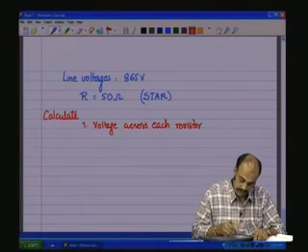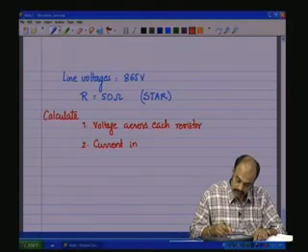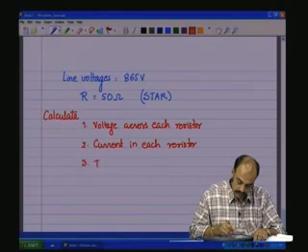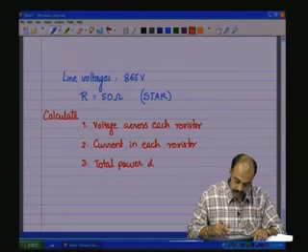Second, the current in each resistor, and third, the total power which is drawn from the source.